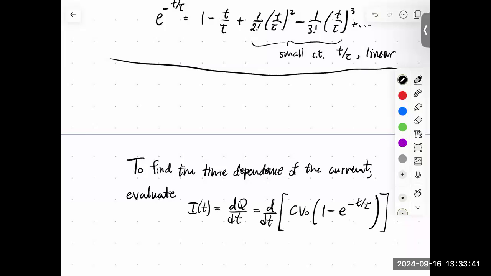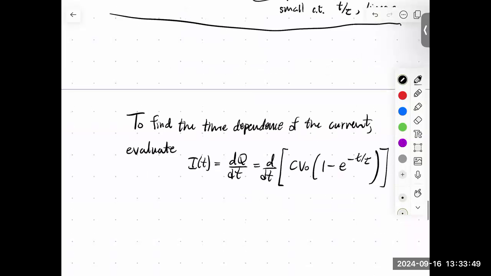What's the derivative of the first term going to be? 0. Okay, and so that's going to be 0. And then we'll pick up a minus sign here, so we'll have minus d by dt of e to the minus t over tau. What's the derivative of the exponential going to be?